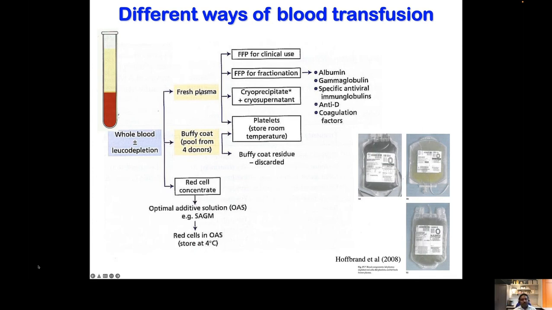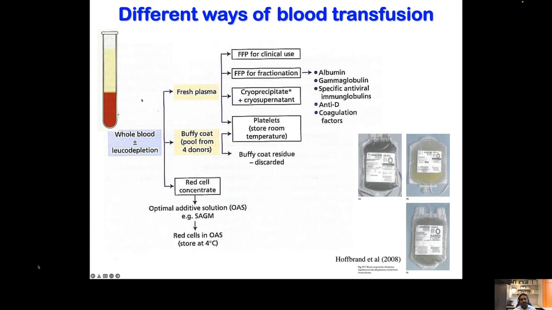And fresh frozen plasma can also be used to separate several important proteins from the blood, for example, coagulation factors, because some people are deficient for specific coagulation factors, and therefore it is really important to isolate some of those specific factors and infuse into them. And there are other uses for plasma as well. So we can use the whole fresh plasma or fresh frozen plasma or individual components of the plasma.